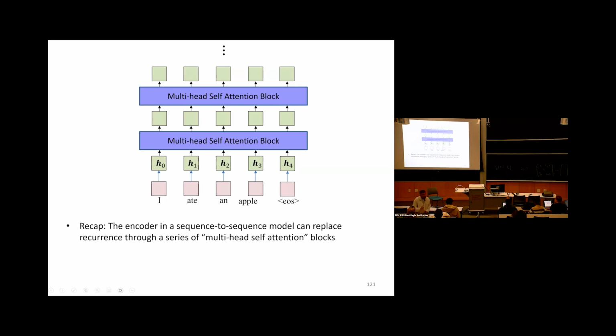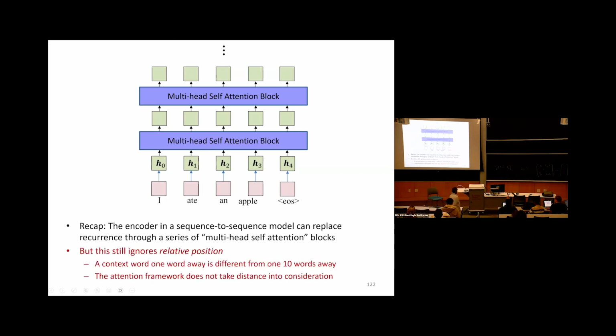Now, in all of this, you're still losing one little factor, which is relative position, right? A context word which is one word away has a very different interpretation than a context word that is 10 words away, right? So if I want to keep the notion of how far the words are with respect to one another, how could I do it? I can just drop in the index for every word, right?